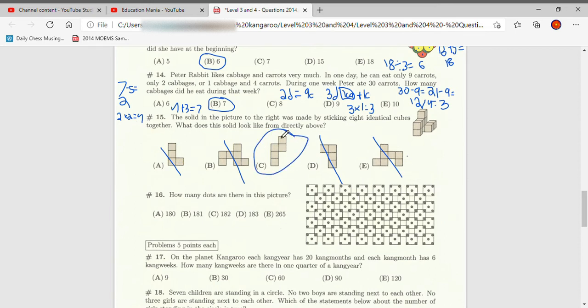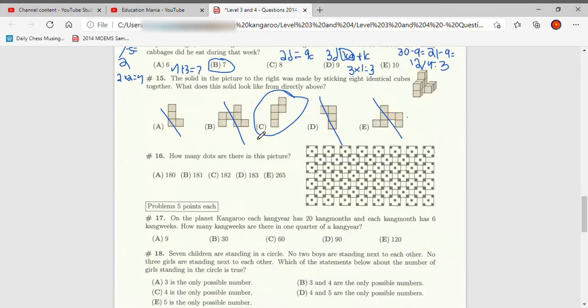Finally, number 16. How many dots are in this picture? So this is going to be a very long one, but I think we can do it. So let's count how many are in the first row. There are 16 in the first row.